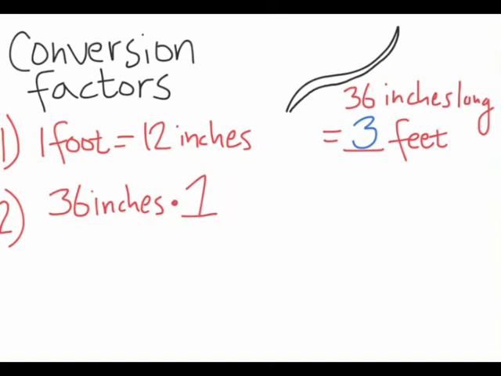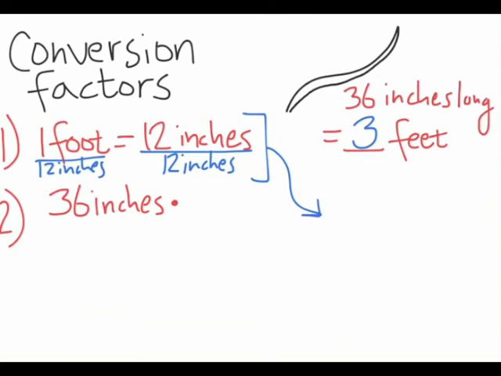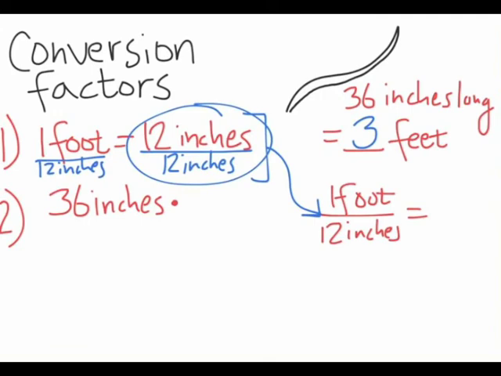Well, watch this. We're going to take our conversion factor, divide both sides by, let's say, 12 inches. Why in the world would we do that? Well, look at what this becomes. 1 foot over 12 inches equals, let's see, 12 inches divided by 12 inches. What in the world is that?